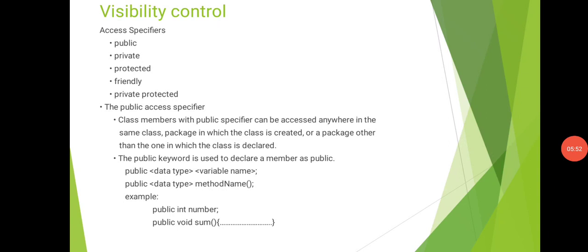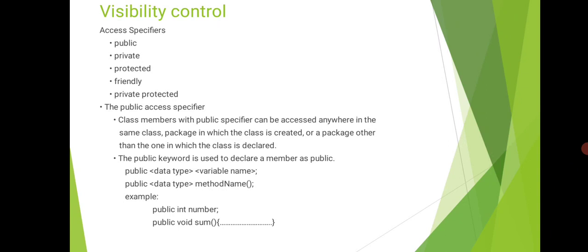Visibility control, or access specifiers. We have five access specifiers: public, private, protected, friendly and private protected. This private protected does not work in some versions, so mainly we concentrate on public, private, protected and friendly.